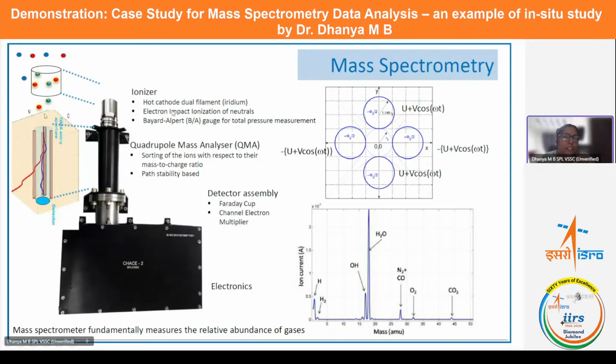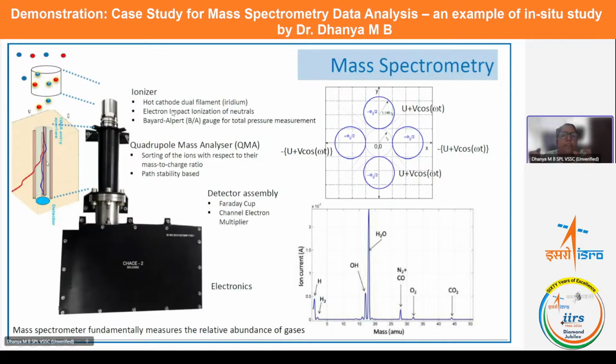Once these are ionized, the ions pass through the mass analyzer, which is called a quadrupole mass analyzer. You can see there are 4 rods here: 1, 2, 3, 4. So it is a quadrupole rod setup, and we apply AC and DC voltage across these quadrupole rods.